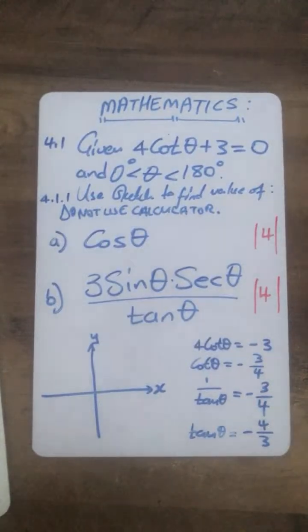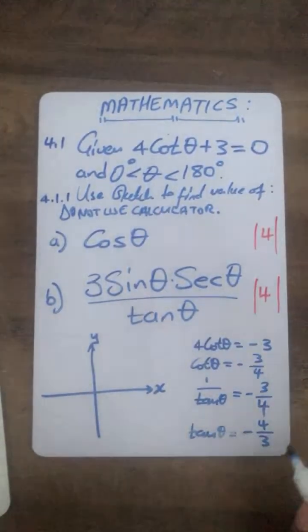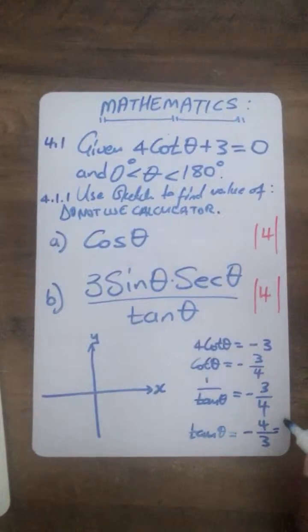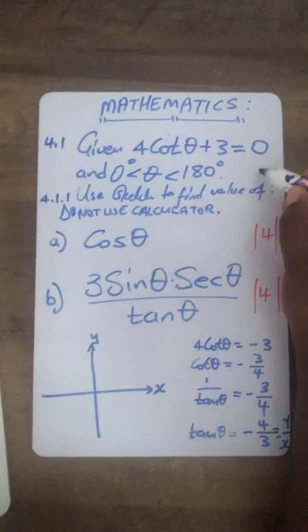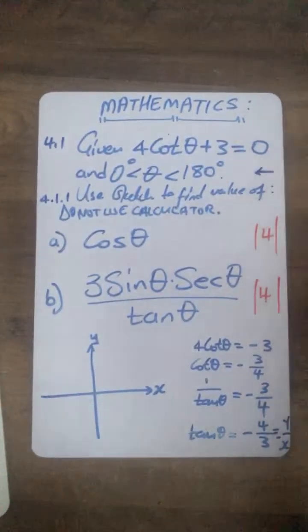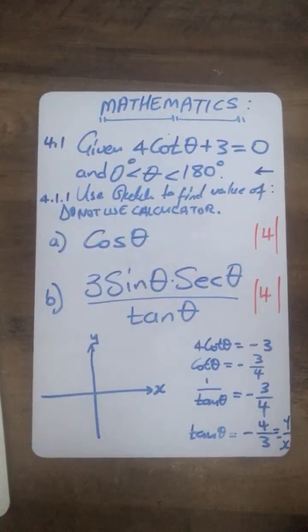You remember, most honorable members, we said tan is actually y over x. It's like opposite over adjacent. Don't forget the negative there. Because they've given you a condition to say your angle should be between 180 and 0.